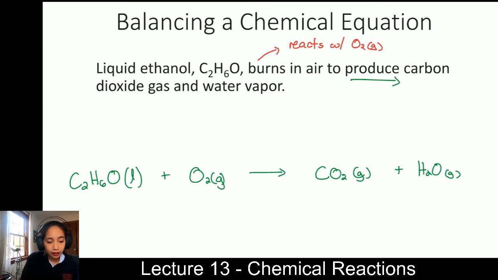Now we need to balance the atoms. With combustion reactions, there's a specific order that you want to follow. Just a little hint, because here you see that oxygen shows up in a bunch of different places, you want to balance the oxygens last.